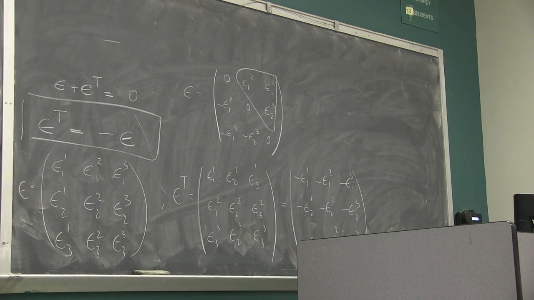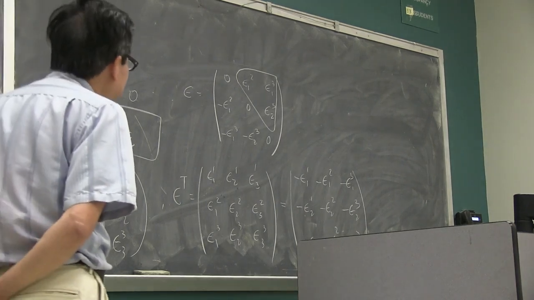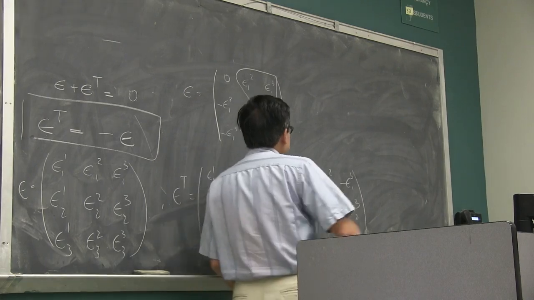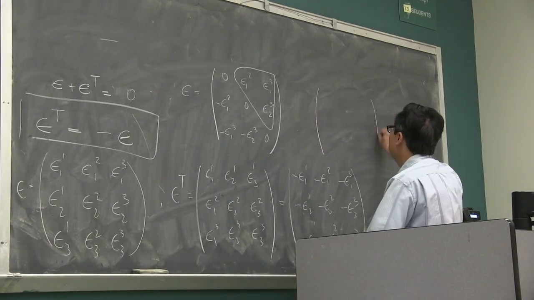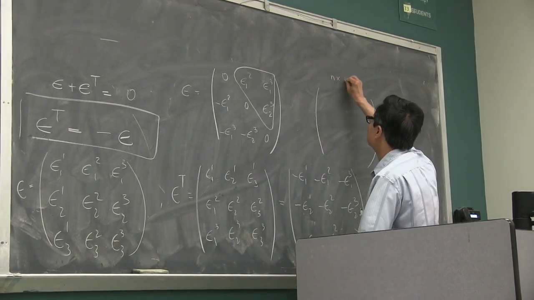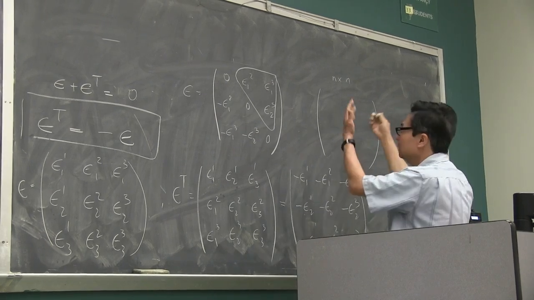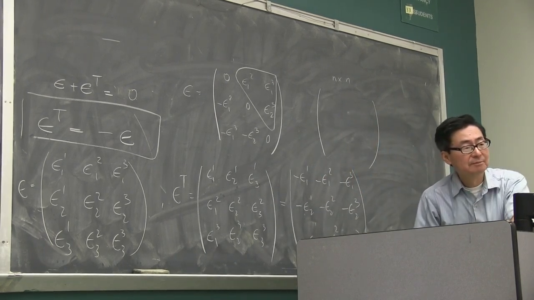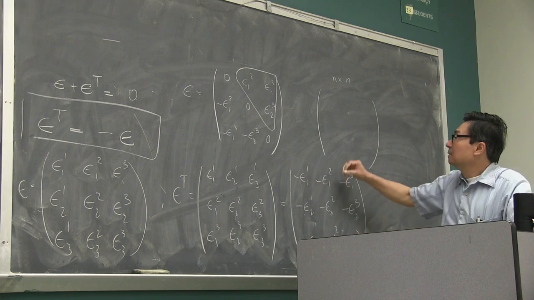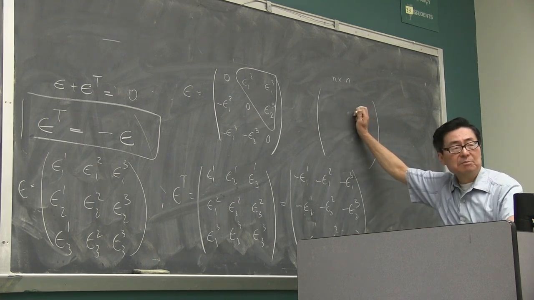From now on, whenever you see a matrix like this, you know without having to write out all the matrix elements that this is an antisymmetric matrix. Now let me ask you: supposing I come up with an n by n matrix, and I tell you that matrix is anti-symmetric, how many independent numbers are there?